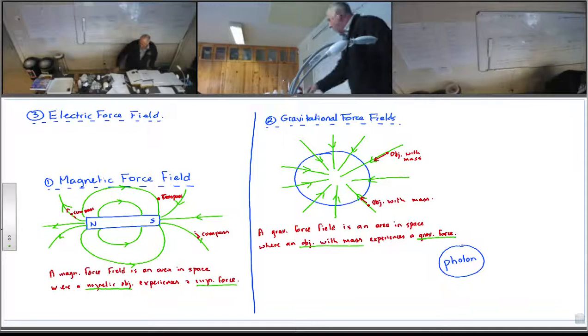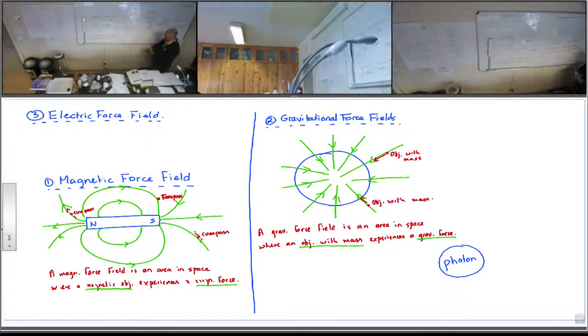This is not part of this work, it's just an interesting thing. Your new mass, we will call it m dashed, is equal to your old mass divided by the speed of light in a vacuum minus the speed at which you traveled. So this is a very, very big number, that's c.